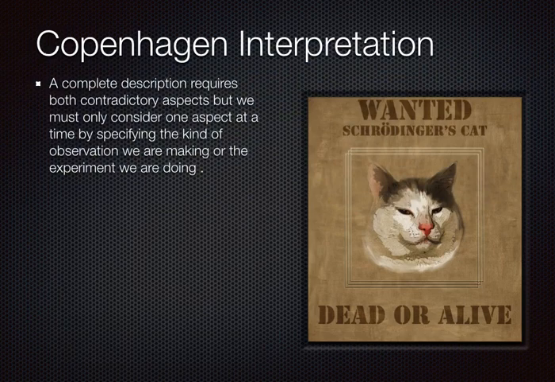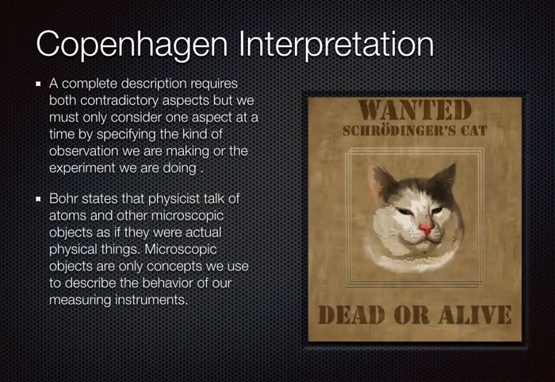So a complete description requires both contradictory aspects, but we must only consider one aspect at a time by specifying the kind of observation we're making or the experiment we are doing. Bohr states that physicists talk of atoms and other microscopic objects as if they were actual physical things. Microscopic objects are only concepts we use to describe the behavior of our measuring instruments.